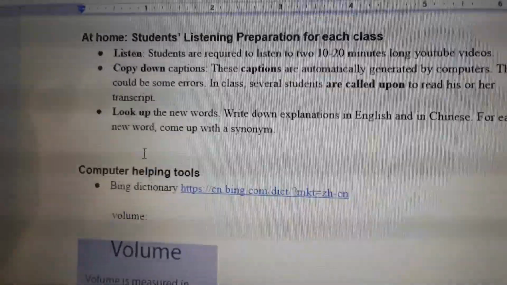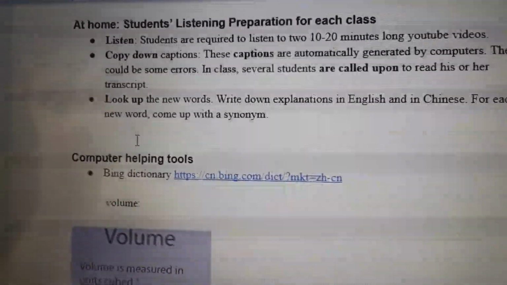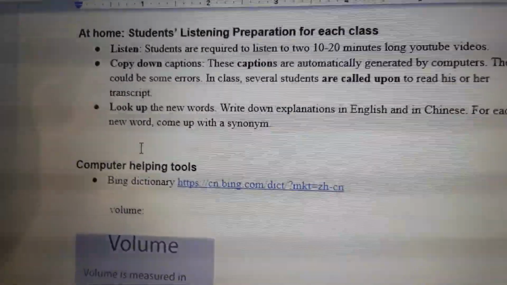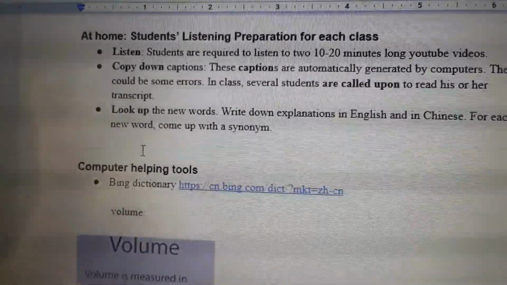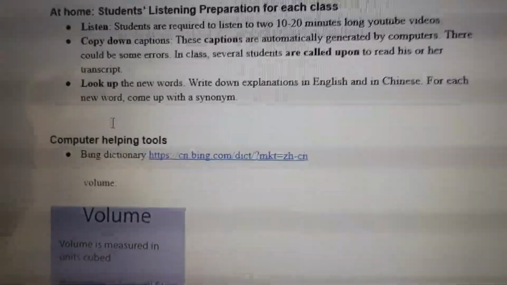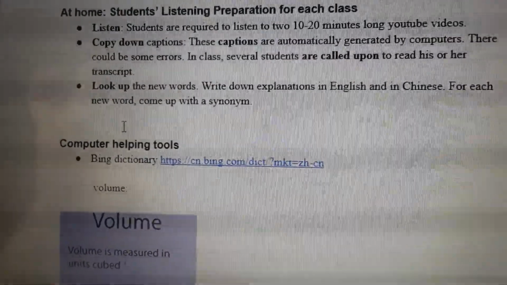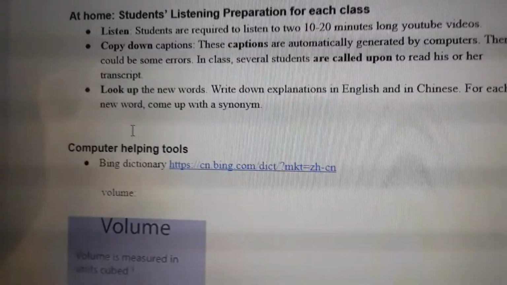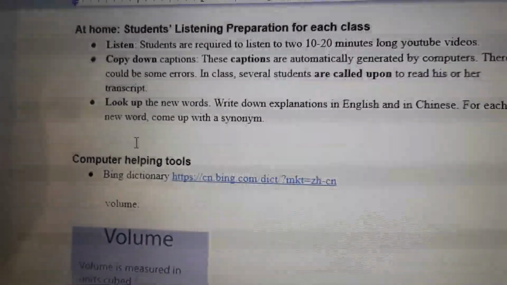You also have to look up new words. Of course, the new words are different for different students. It's okay to come up with new words different from other students. But you must write the explanation in English and in Chinese. And for each new word, you must come up with at least one synonym.